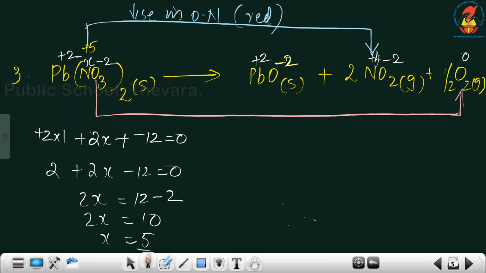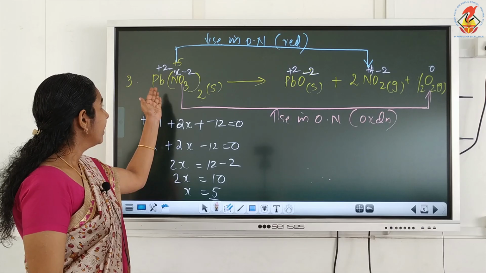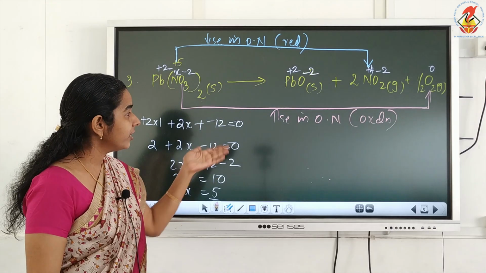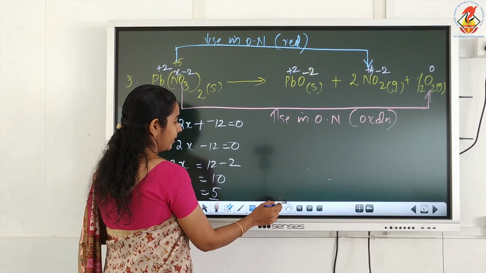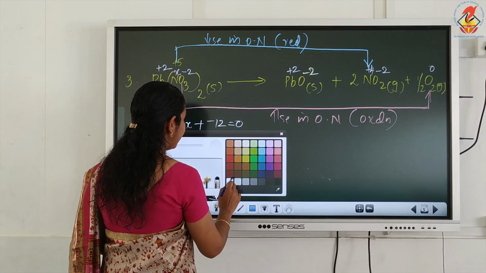So there is a change in oxidation number from -2 to 0. -2 to 0 means there is an increase in oxidation number, representing oxidation. So here nitrogen is undergoing reduction and oxygen is undergoing oxidation.